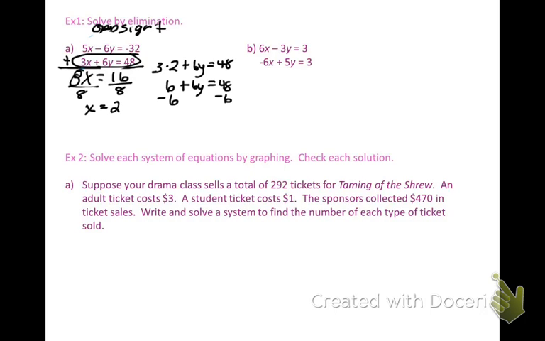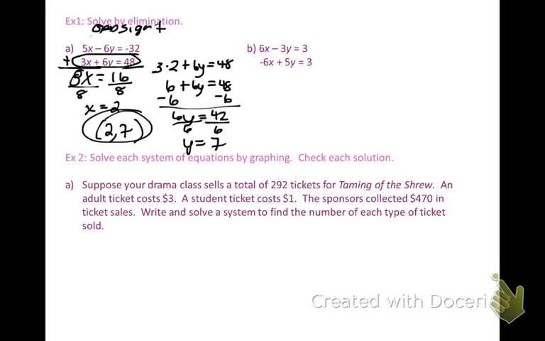Subtract 6. 6y equals 42. Divide by 6. y equals 7. So now I have the point where the two lines meet. And that would be, if I wrote it out, the coordinates 2, 7, because x goes first, y goes second.